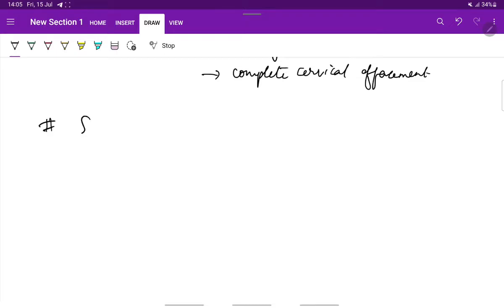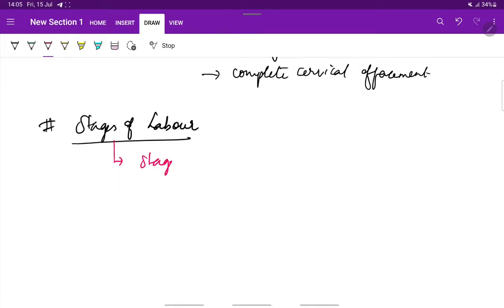Now coming to the proper stages of labor. The whole process of labor is divided into three main stages.